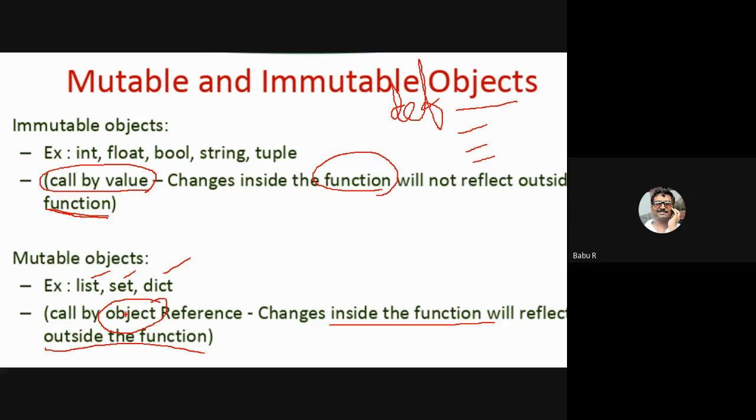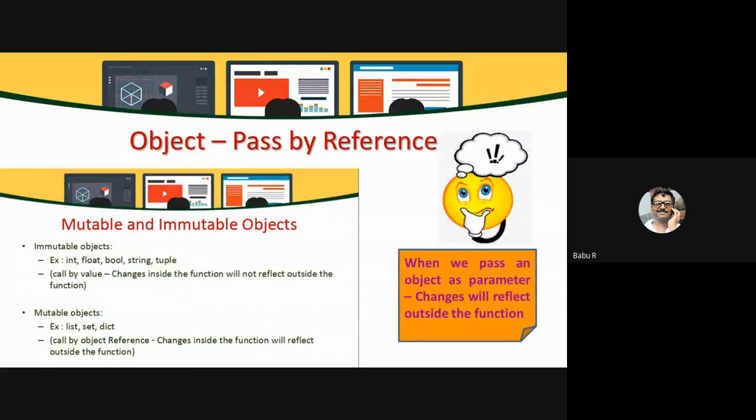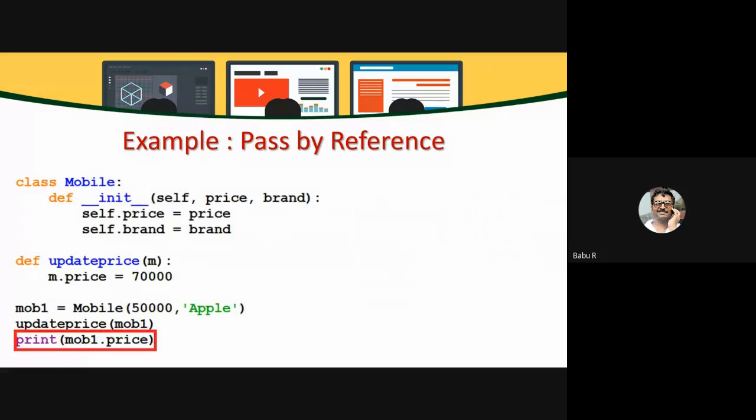If I'm using call by reference, when we pass an object as a parameter, changes will reflect outside the function.